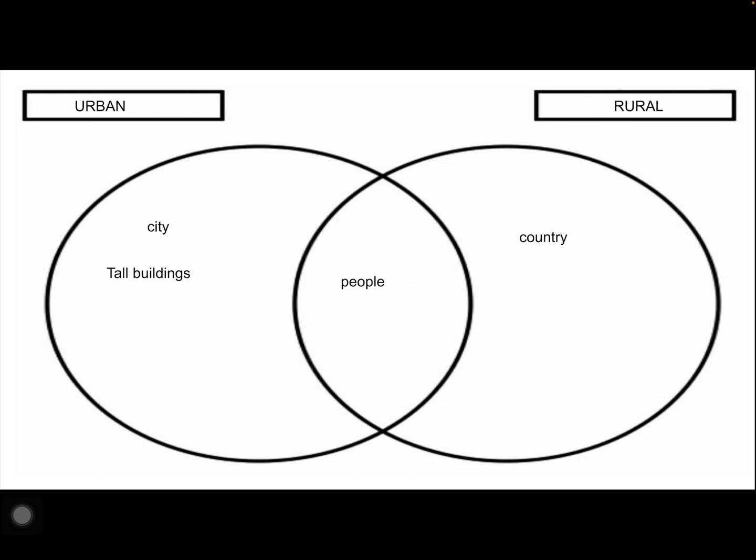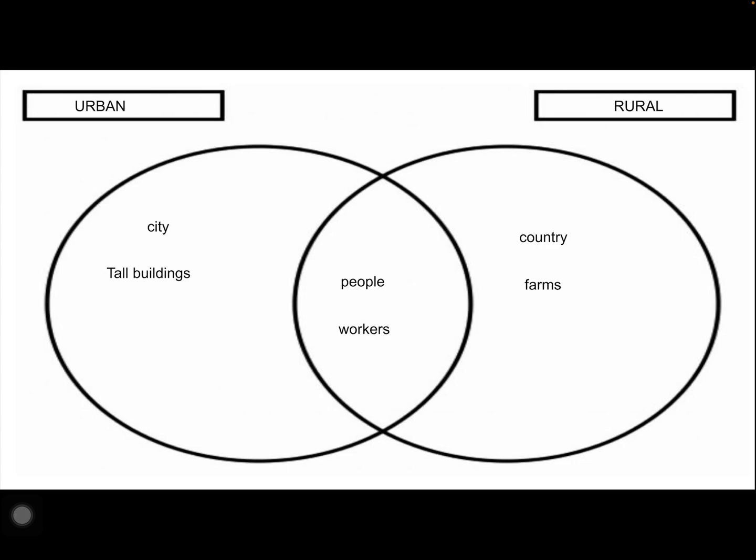In an urban community, we would see tall buildings. How about farms? Where would we see farms? In a rural community, we would see farms. How about workers? People that are workers. Well, of course, we see workers in urban communities and rural communities.